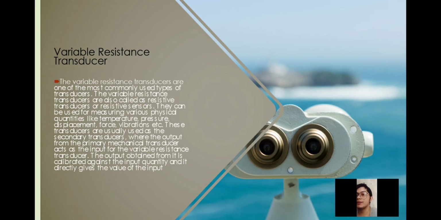They can be used for measuring various physical quantities like temperature, pressure, displacement, force, vibration, etc. These transducers are usually used as secondary transducers, where the output from the primary mechanical transducers acts as the input for the variable resistance transducers. The output obtained from it is calibrated against the input quantity and it directly gives the value of the input.